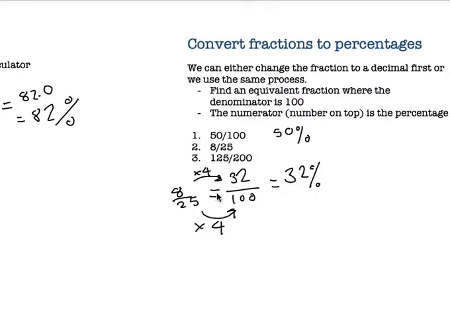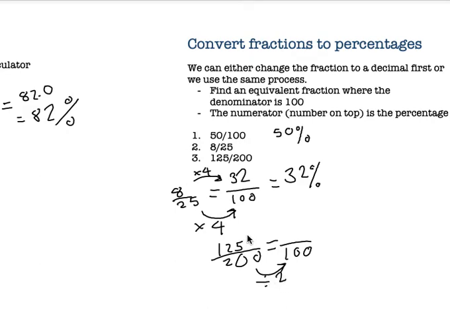Right, now, next example. I've got 125 over 200. Note that the bottom number is bigger than 100 right now. That's fine. I still need to get it back down to 100. So how I get from 200 to 100 is I'm going to divide by 2.